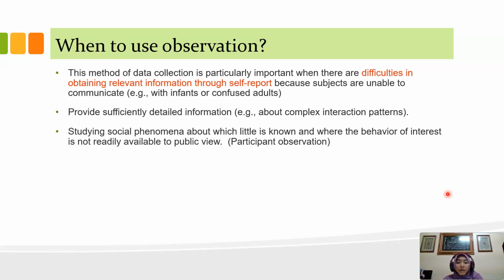It also provides sufficiently detailed information about complex interaction patterns. With observation, we normally want to see patterns, so that's why we choose it. It is also used for studying social phenomena about which little is known and where the behavior of interest is not readily available to public view.